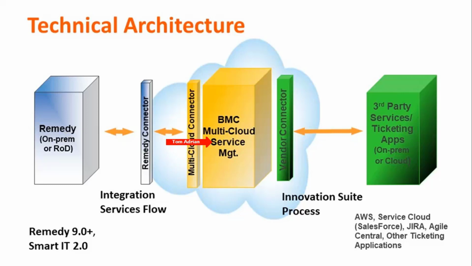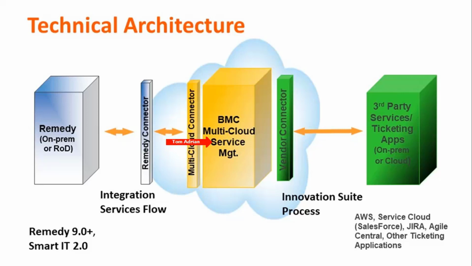So when Pradeep showed you the incident records and the change records and the details that were being shown on those records around Jira tickets, around AWS tickets, Agile Central tickets, those are all being read from the multi-cloud application. So Smart IT makes a call to the multi-cloud service management application to get those details in a generic way and then display them in Smart IT.